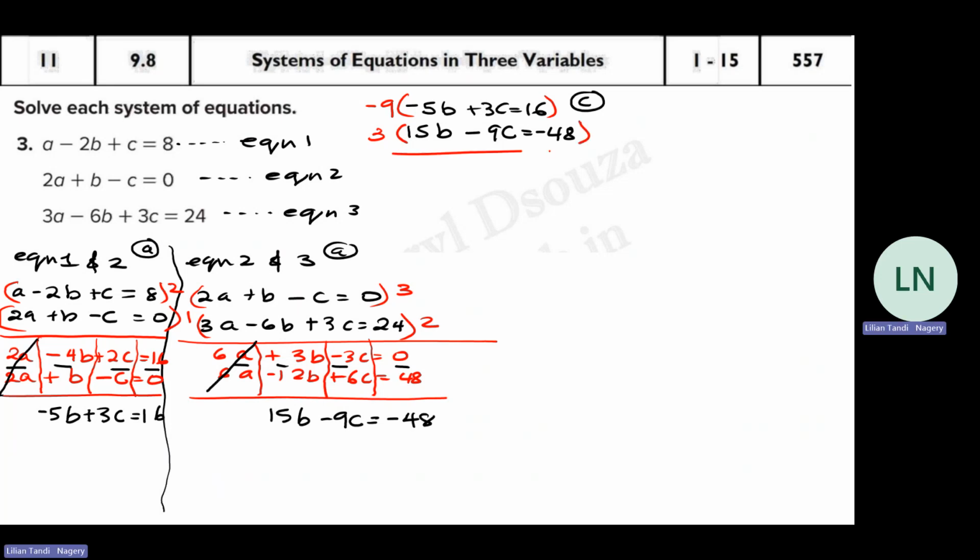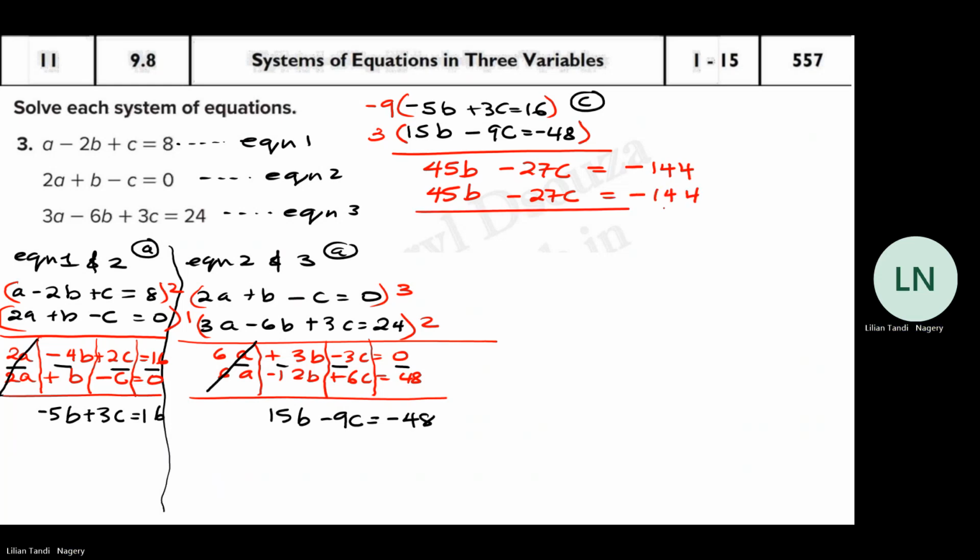So what do you get? You get 45B, negative 27C, and negative 144. My equations are the same, so infinitely many solutions.